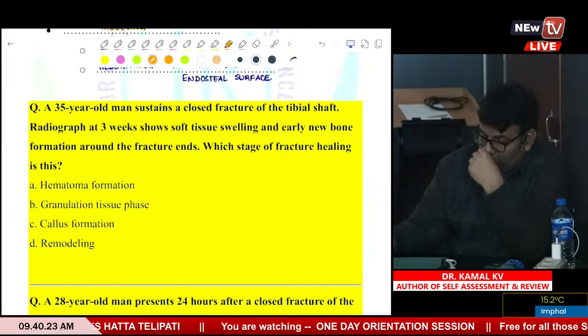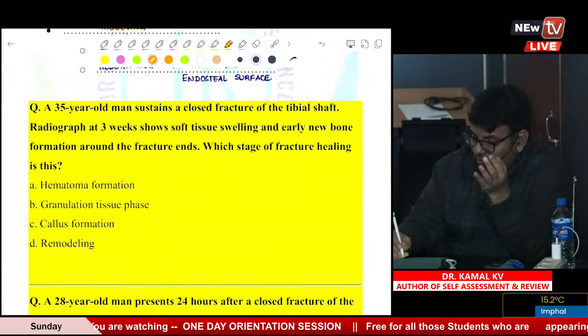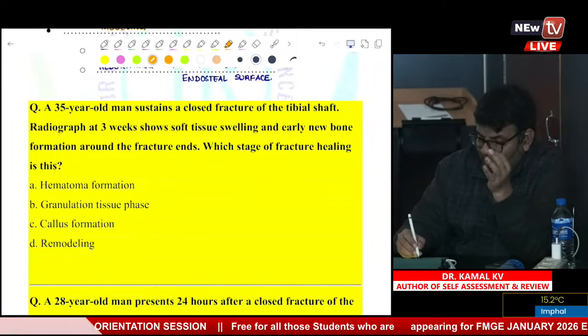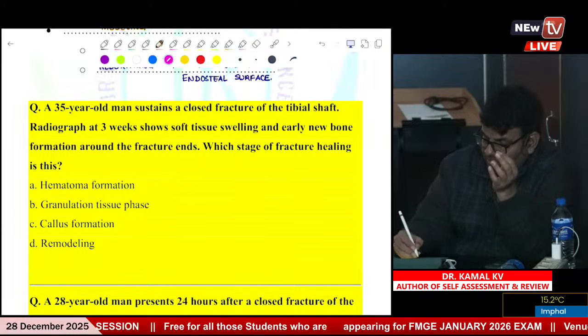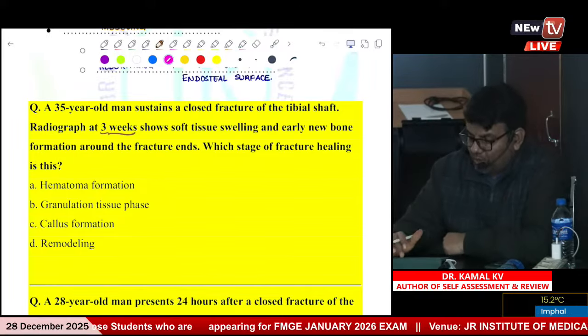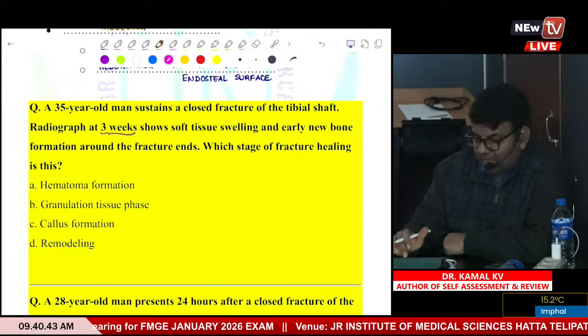Now in the first MCQ you can see there is a 35 years old man who had a closed fracture of the tibial shaft. X-ray at 3 weeks shows soft tissue swelling and early new bone formation around the fracture ends.